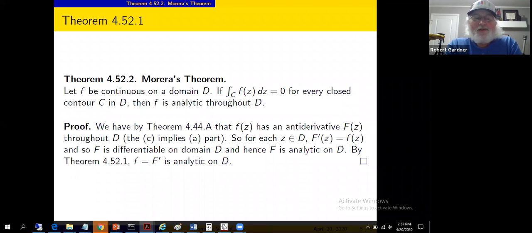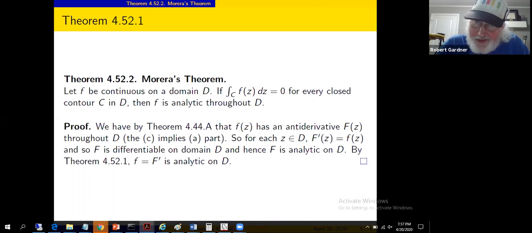So that means F is differentiable, F is twice differentiable. Hey, and the second derivative of capital F is the first derivative of lowercase f. So this is kind of slick and brief. To show that f is analytic, we need to show that f is differentiable throughout domain D. Well, we'll associate it with the antiderivative, capital F. We know capital F is twice differentiable.